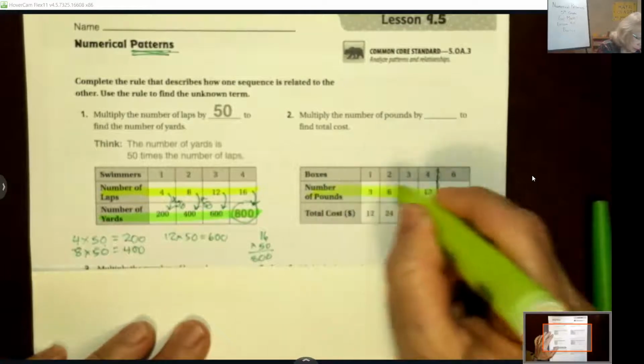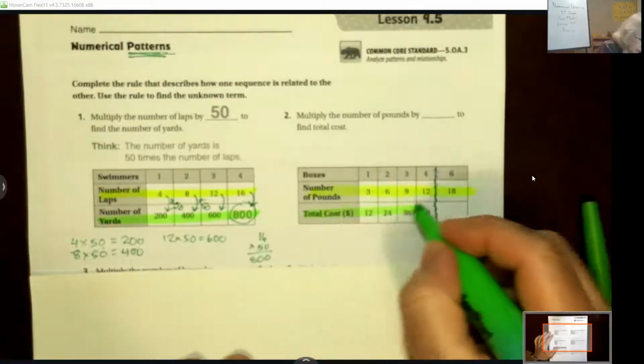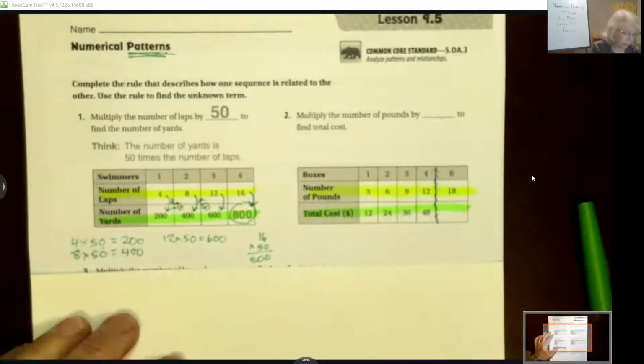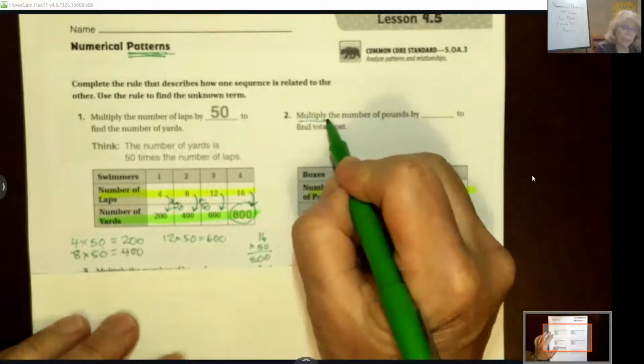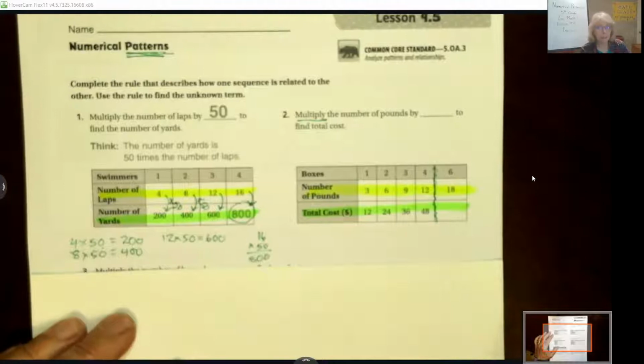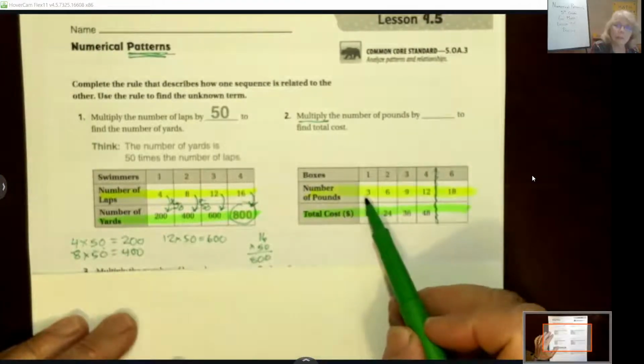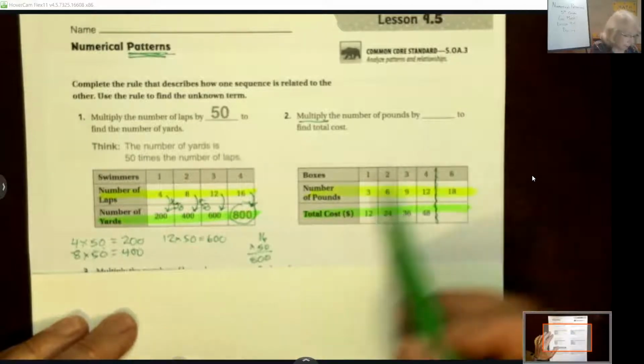So we're looking for a pattern between the number of pounds and the total cost. They give us a big clue because they say multiply. Some rules involve adding, but not on this page.